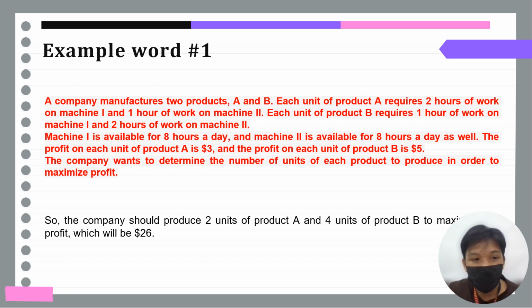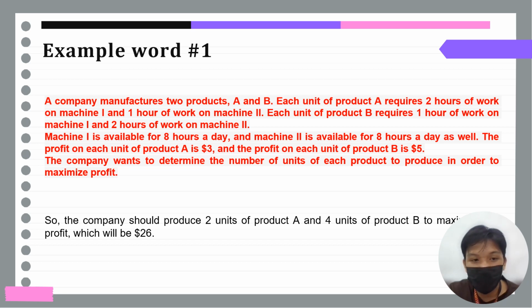So from the problem earlier, a company manufactures 2 products A and B. Each unit of product A requires 2 hours of work on machine 1 and 1 hour of work on machine 2. Each unit of product B requires 1 hour of work on machine 1 and 2 hours of work on machine 2.